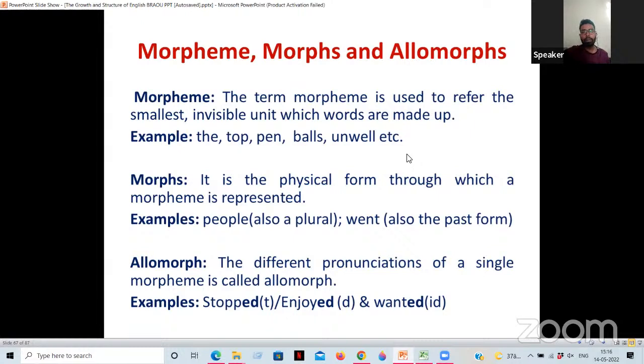Here it will be d, not t. But in the next word, it will be id, like wanted. It is not wantt, rather it is wanted. So one morpheme has several pronunciations based on its place and situation. This is what is called an allomorph.